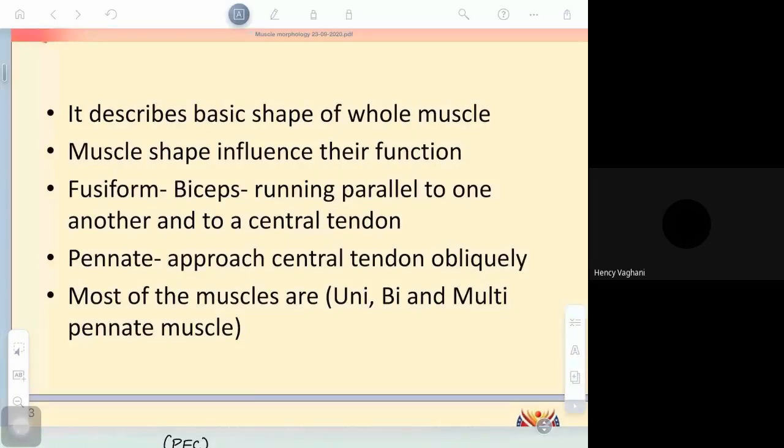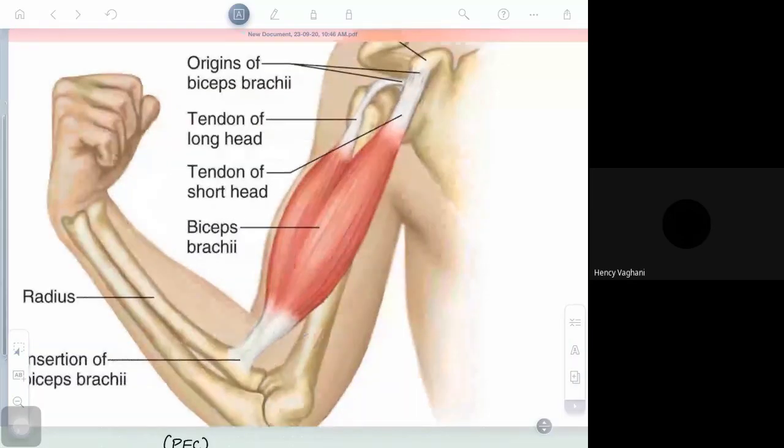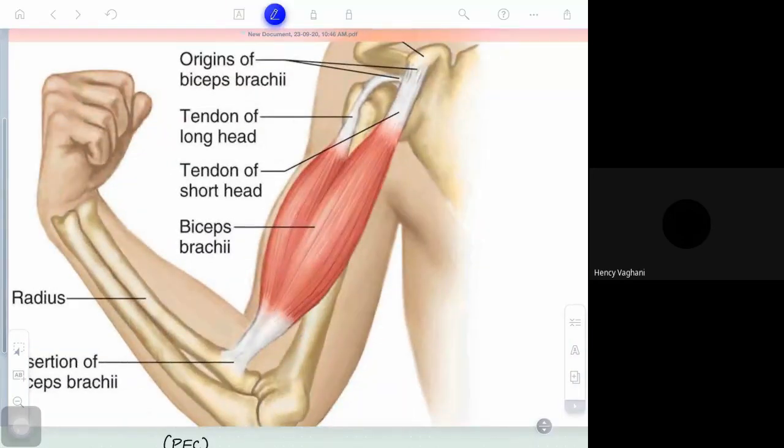Clear? So if you see the image here, if you see the muscle fiber here, you can see the fibers are running parallel. And where is the tendon? This is the tendon.